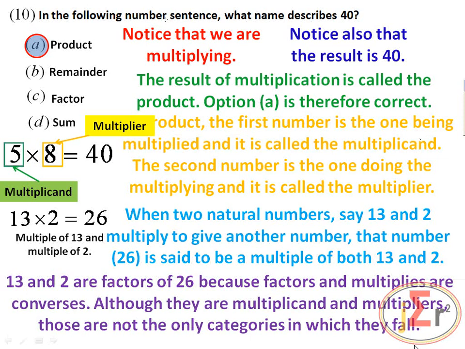So if we say 13 multiplied by 2 is equal to 26, 13 is the multiplicand and 2 is the multiplier. 26 is a multiple of 13 and 2. Also, 26 is the product of 13 and 2.